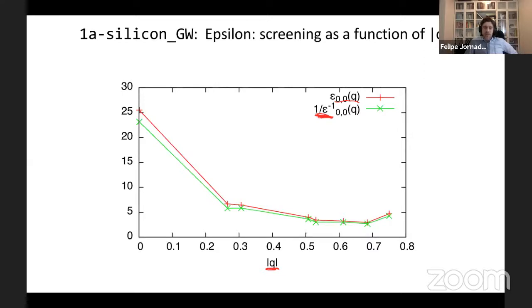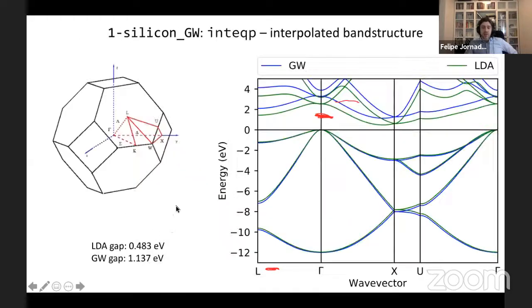You should be able to compare that to experiment and try to argue why it is too large or too small compared to experiment, and whether the dispersion that you have is physical. And you'll also be able to compute a band structure for silicon. You should be able to show that silicon is an indirect band gap material with a gap of roughly 1.137 computed within the approximation that we're using today. And this is shown here in the right panel.